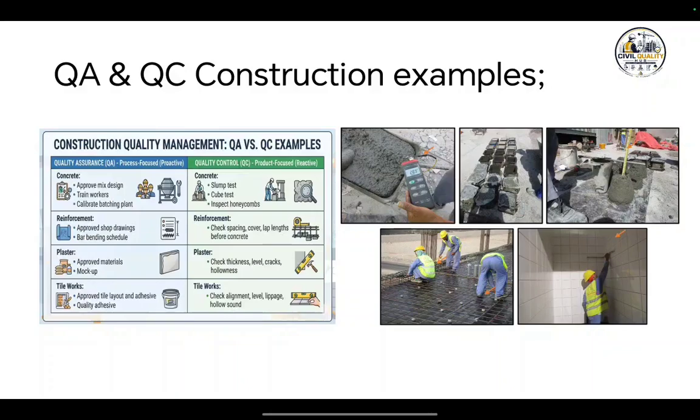In QC, we will check thickness, level, plumb, hollowness, etc. For tile work, approved tile layout and approved material. For QC, we will check the level, alignment, any leakage, hollow sound, etc. These are examples every QA/QC engineer sees on site.